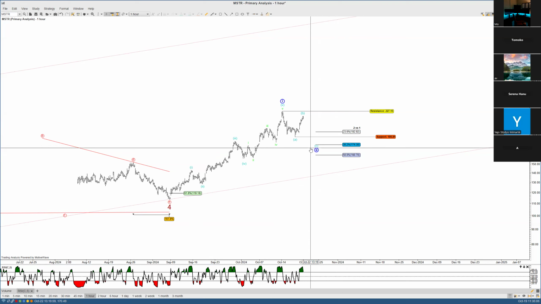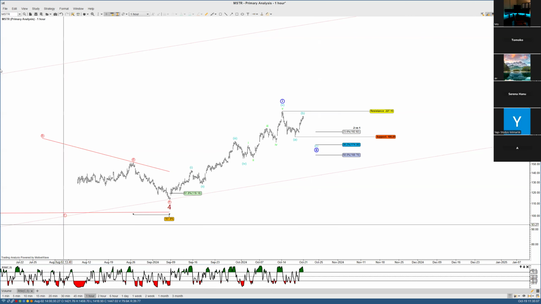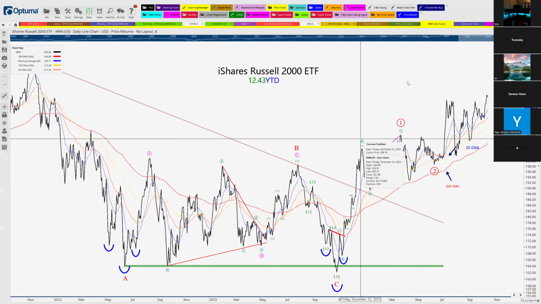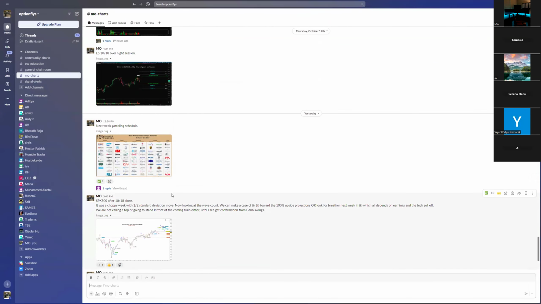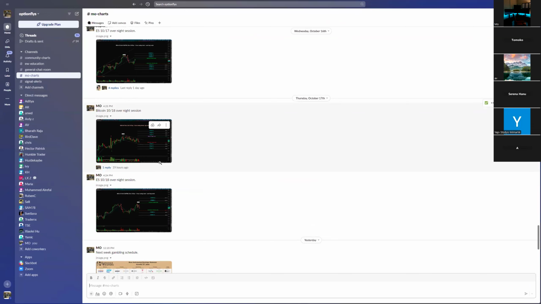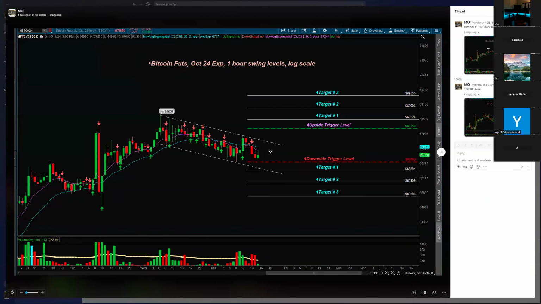So Bitcoin, you can trade those futures. Look at the Bitcoin chart that I updated. Where the heck did it go? Right there. Look, the price was right there, which was on Thursday night.